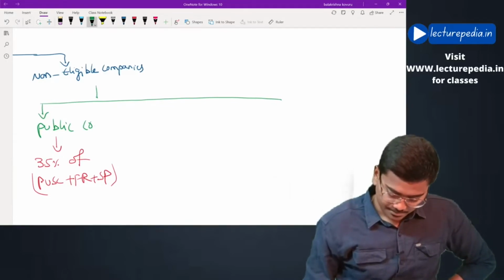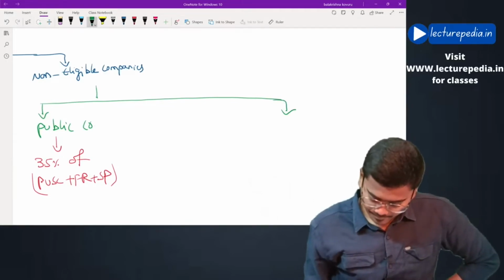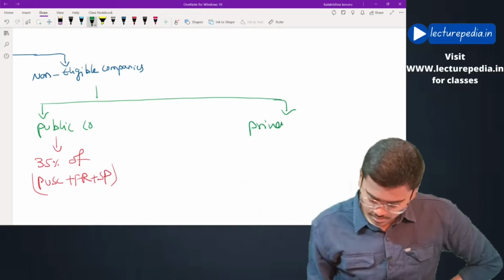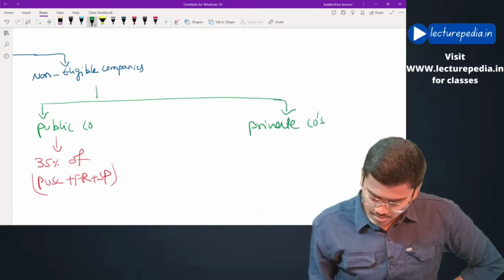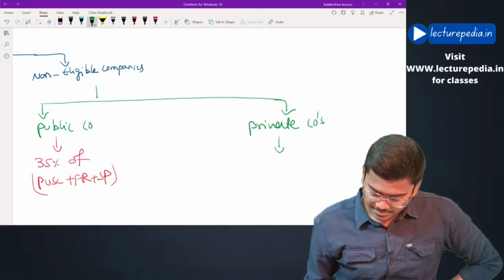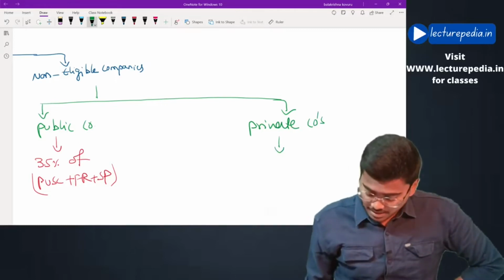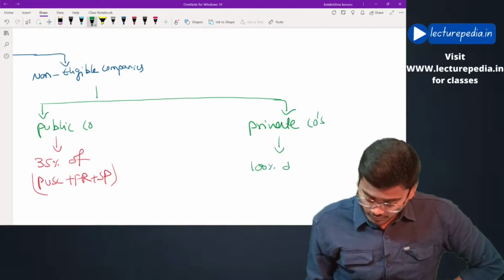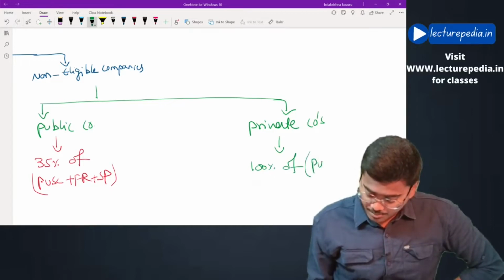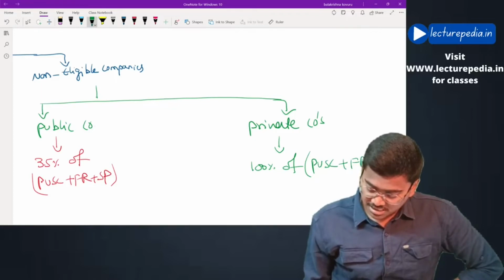Next, private companies. In case of private companies, they can accept up to 100% of paid up share capital plus free reserves plus securities premium.